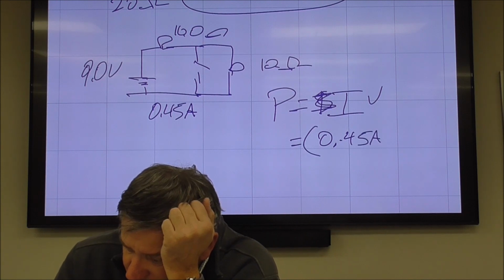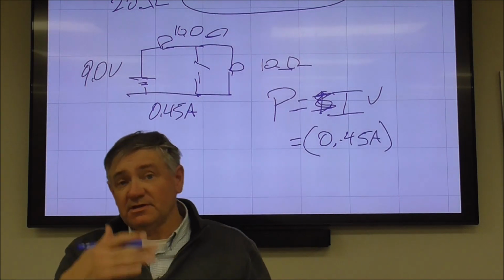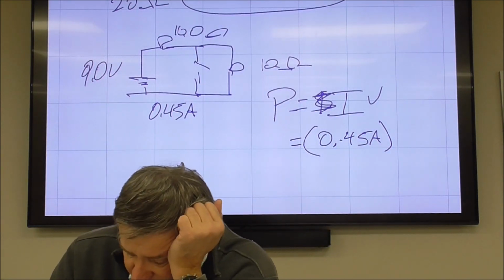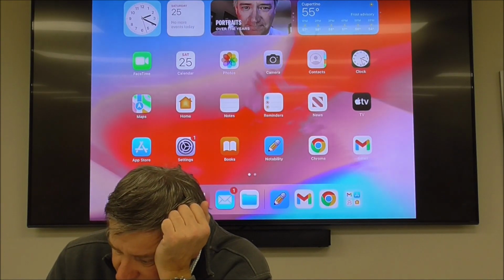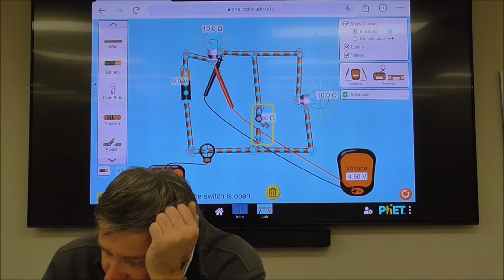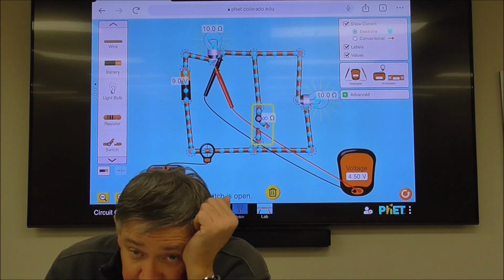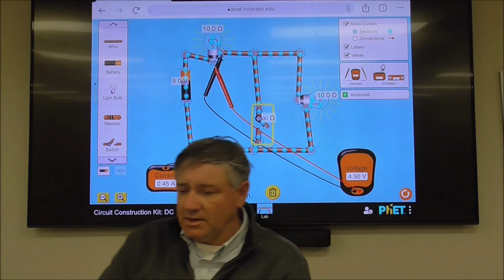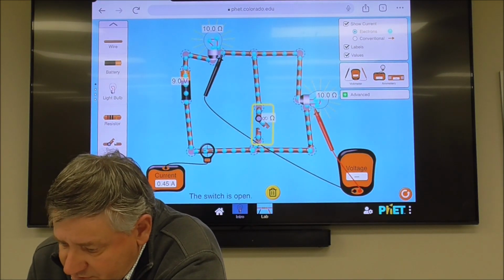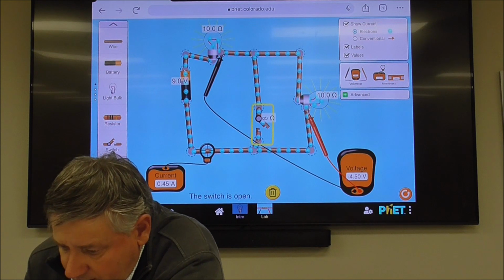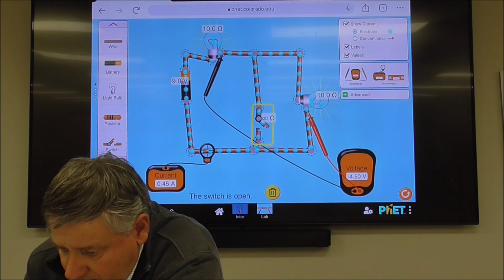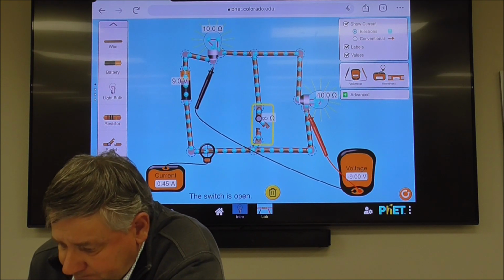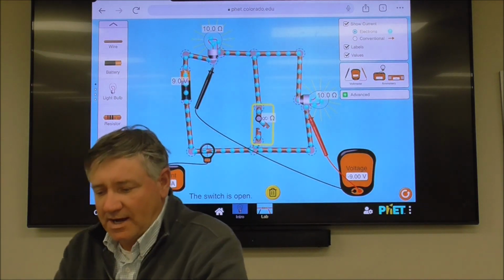amps. Now, if you want to look at this in terms of voltage, notice that this is dropping 4.5 volts across here. If I measure the voltage drop across the whole thing, that's reading -9.